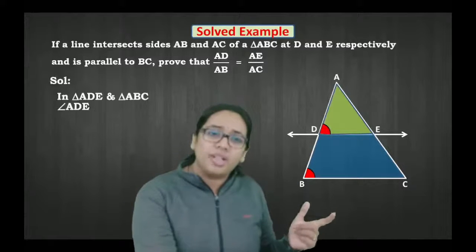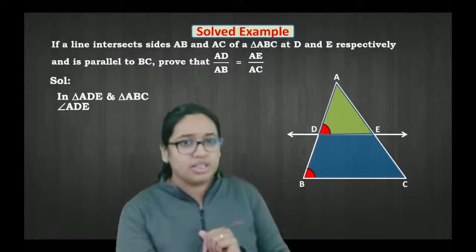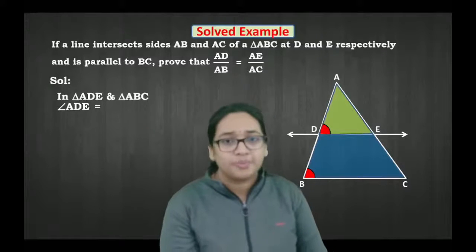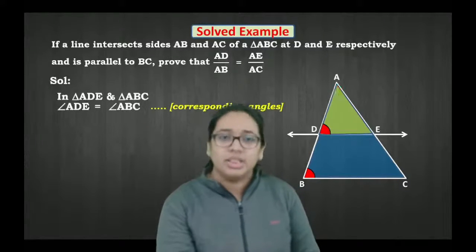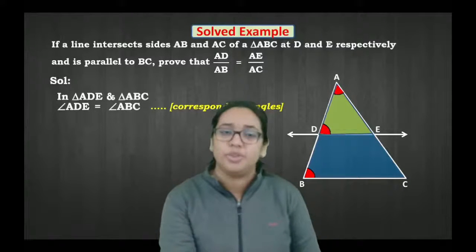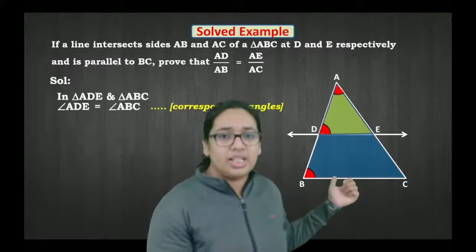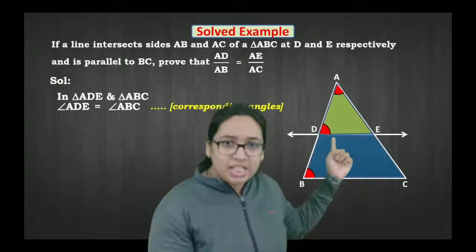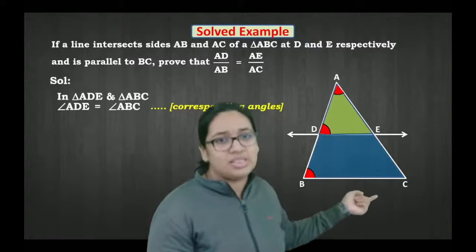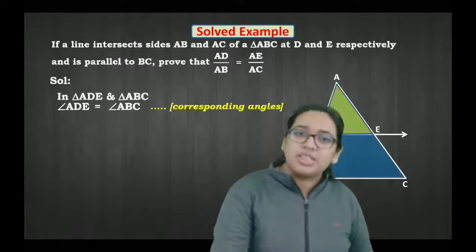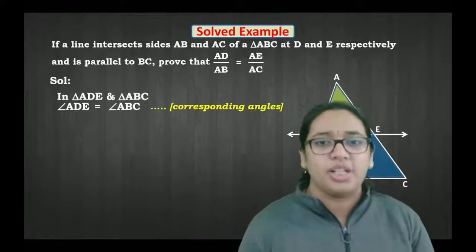And if there is a transversal for two parallel lines, what can you say? Correct. Corresponding angles will be the same. So for this you get angle ADE and angle ABC same. What is the reason? Corresponding angles.